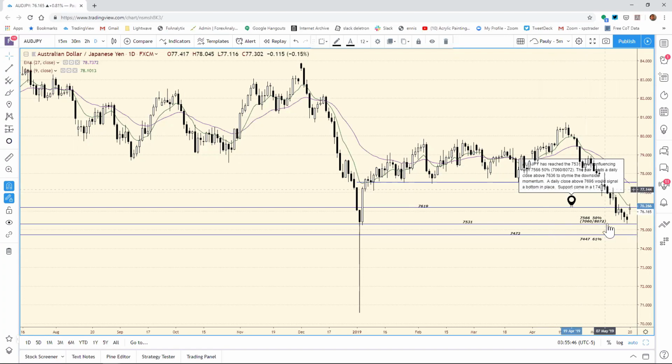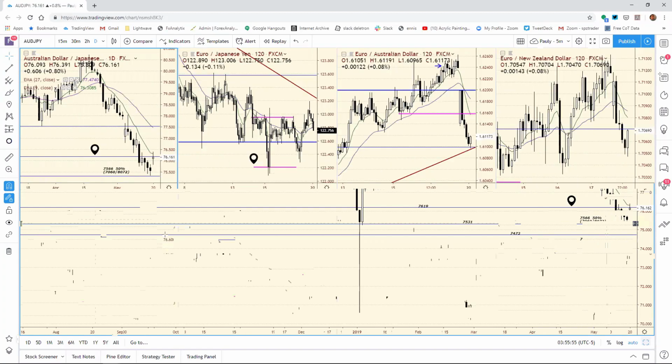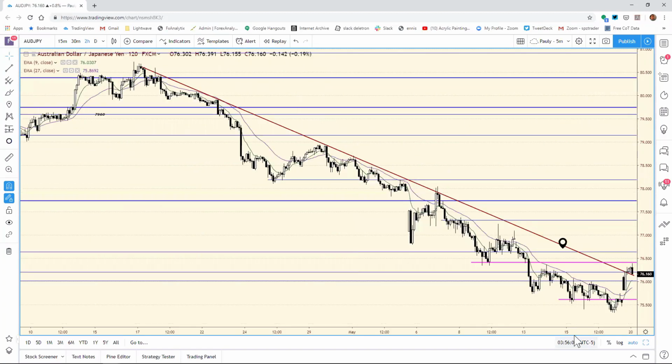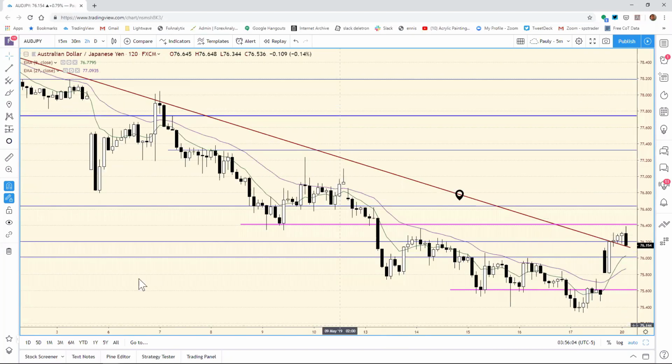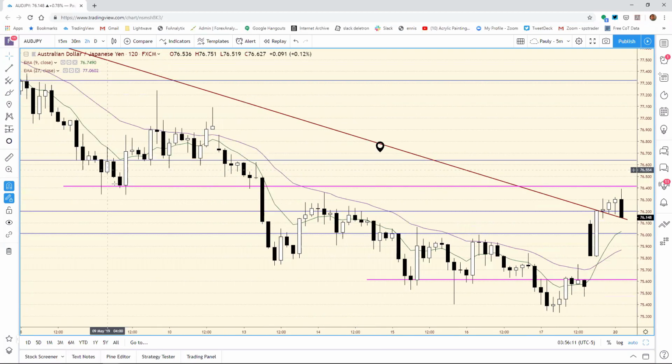Well, we got this jump, obviously, with the Aussie data. So let's get a little bit closer look on resistance and support. We're here looking at a daily chart. Well, there's a resistance we ran into. Look at that, 76.40. See that? Actually, it's 76.43.